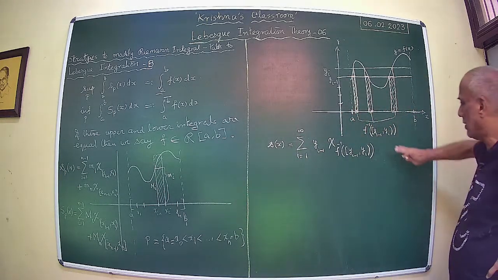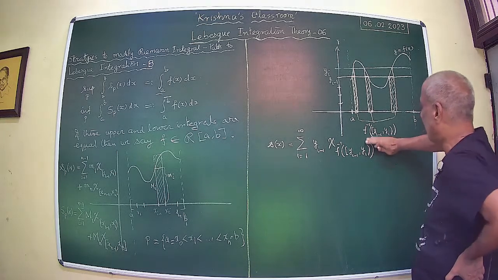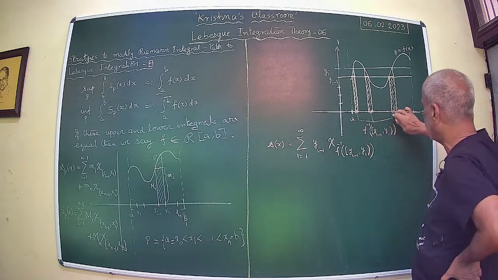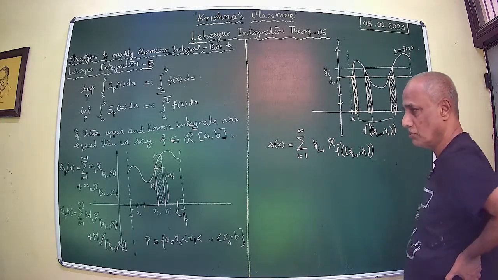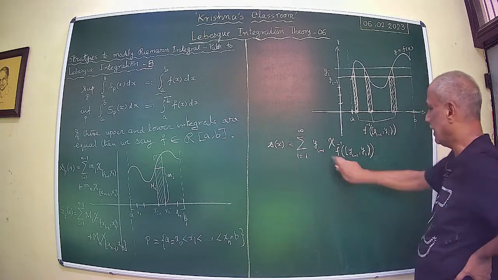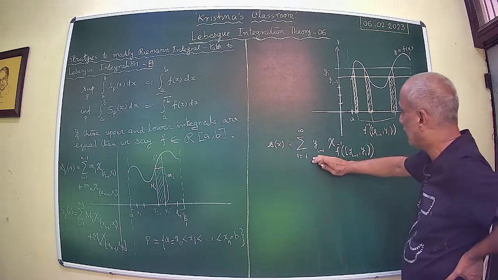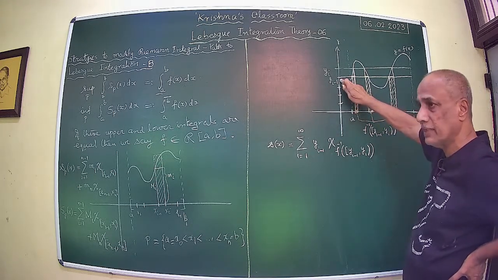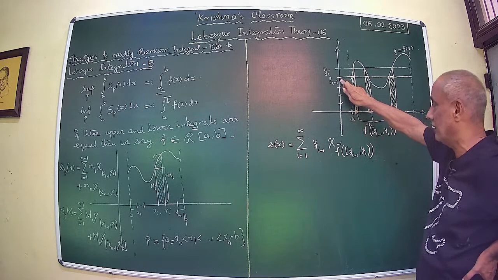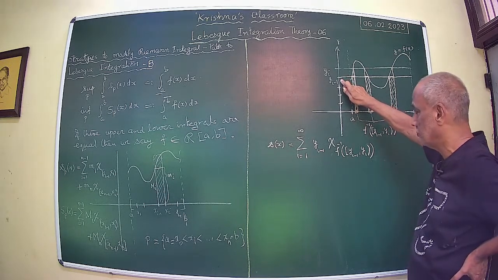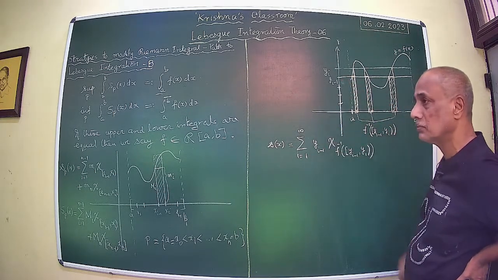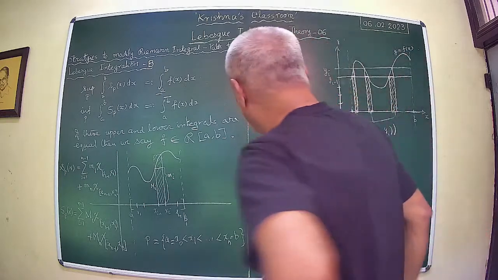That means a function that takes the value 1 over this set and otherwise 0. This is the characteristic function of this set. Multiply that by the lower value of the interval, that is y_{i-1}, and then sum it up. So you get what you call a step function.